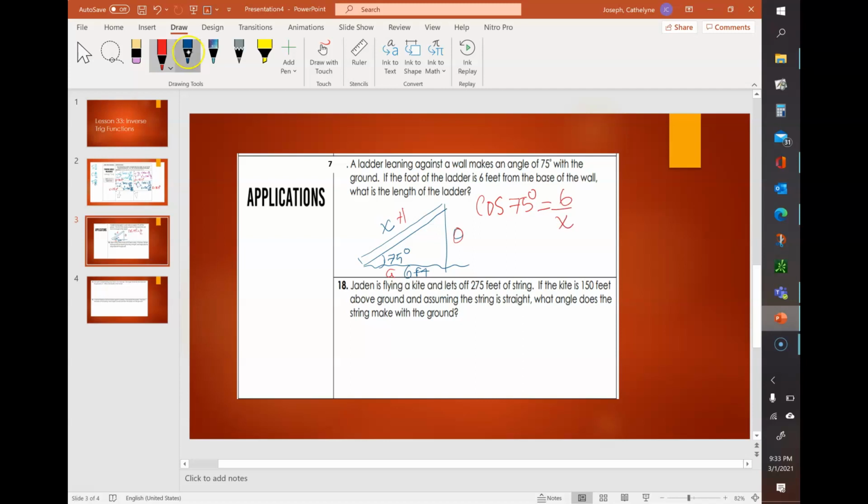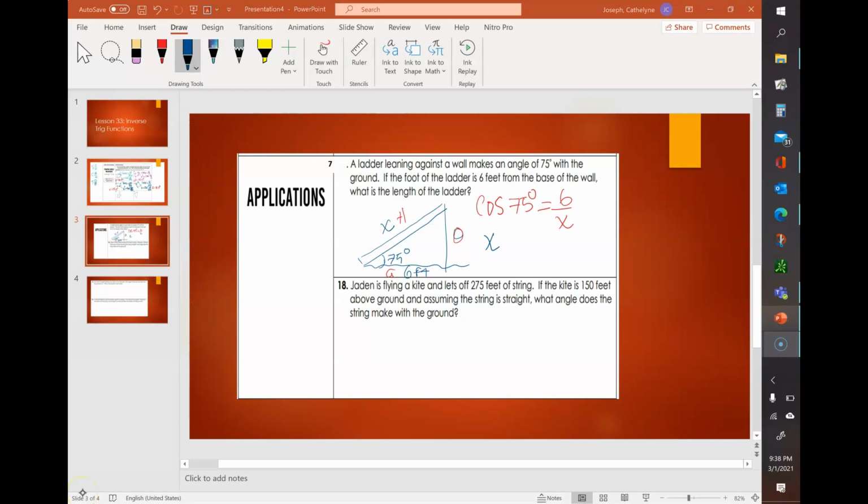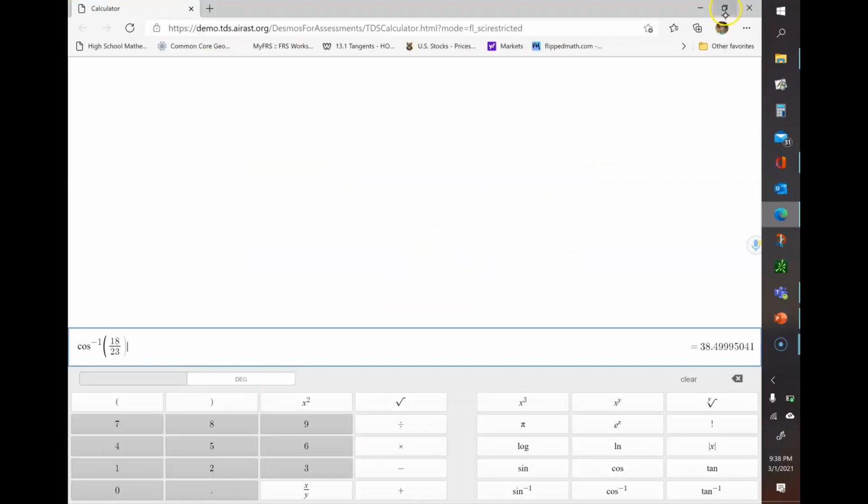Okay, so remember here, what we have to do is switch them in place. We need to remember that we switch X and cosine of 75. So now it's going to be 6 over cosine of 75 degrees. All right, and then on the calculator, we just plug it in the way it shows up.